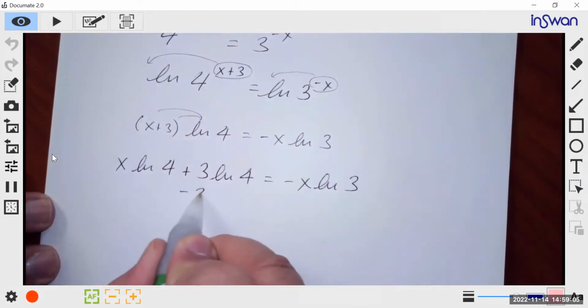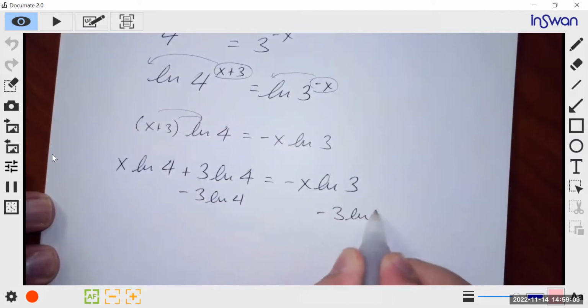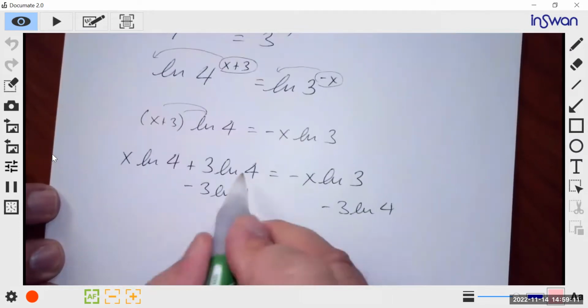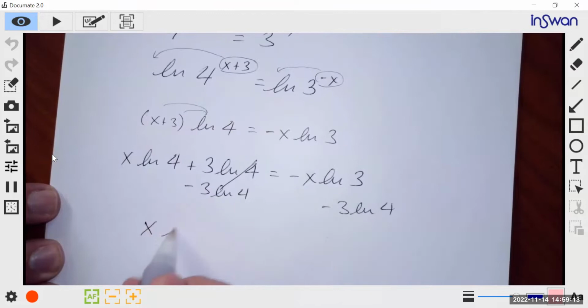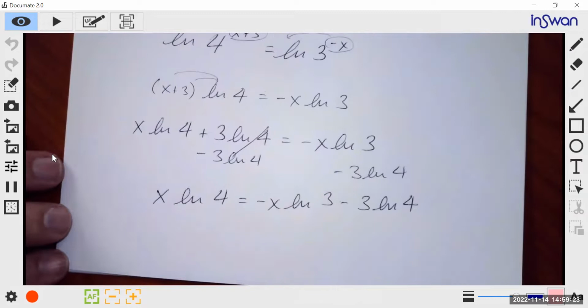So if we subtract 3 ln 4 from both sides, I have x ln 4 equals negative x ln 3 minus 3 ln 4. Everybody follow what I'm doing so far? Kind of.